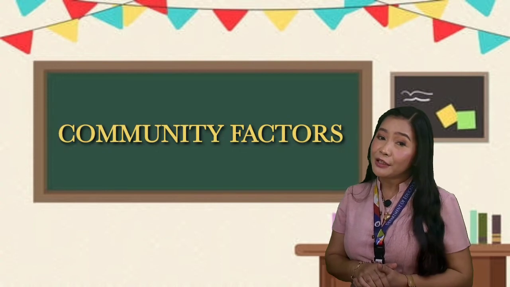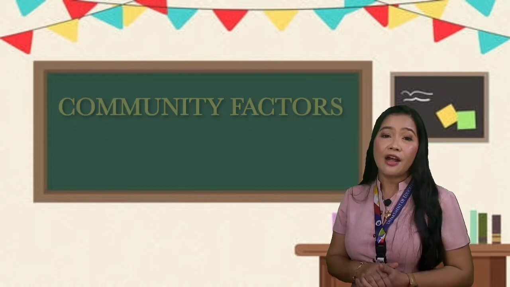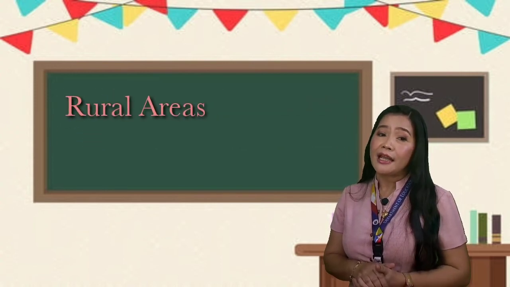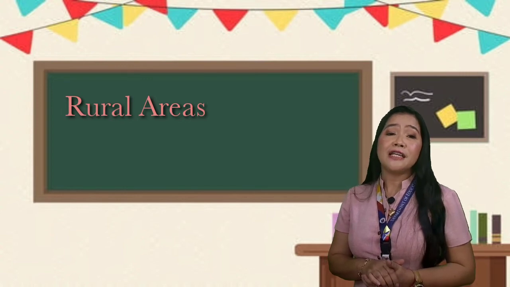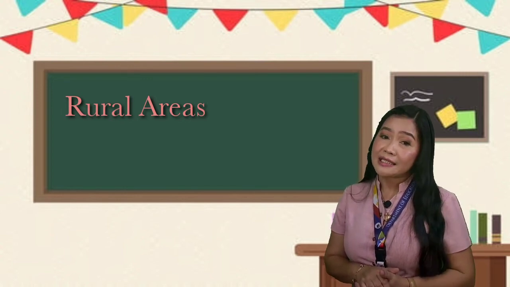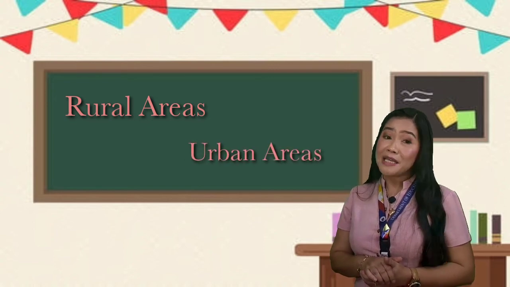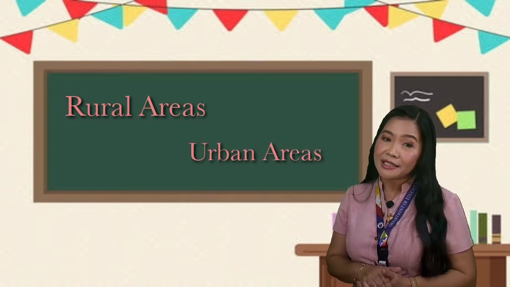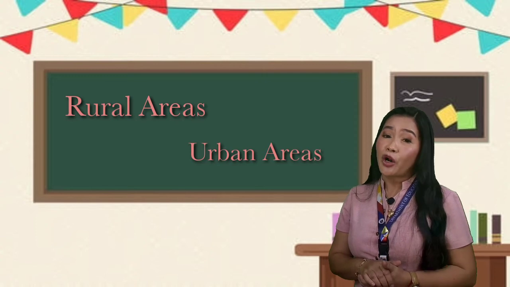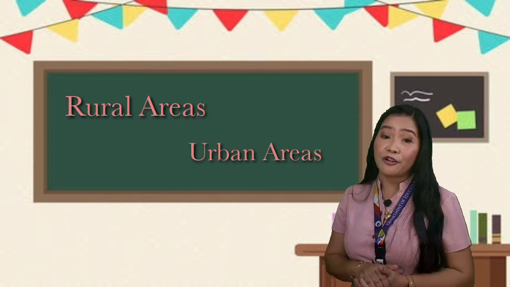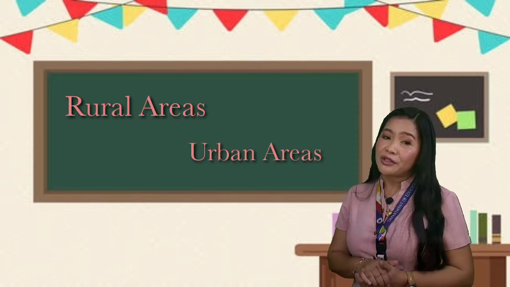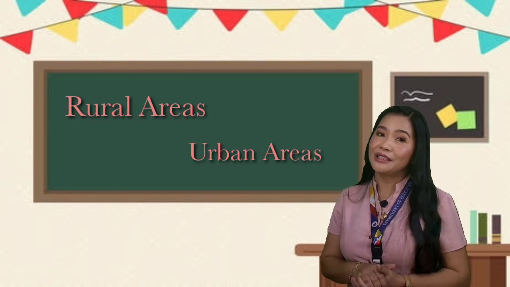Community factors include A. Rural areas, including farming activities, pesticide poisoning, and drowning. And B. Urban areas, including urban traffic-related injuries or falls or poisonings resulting from household chemicals.